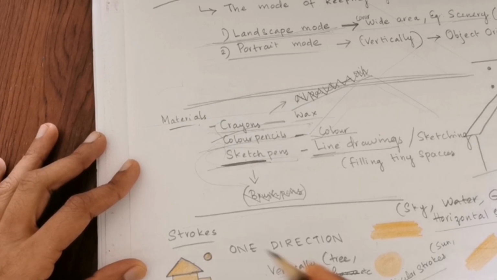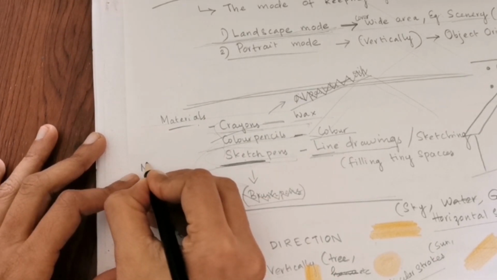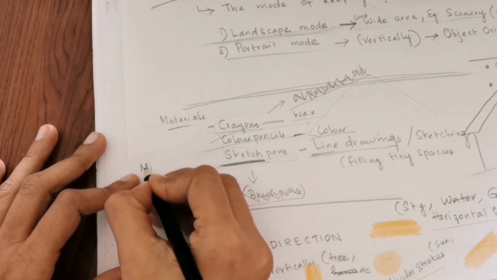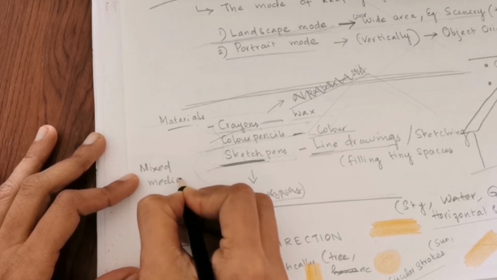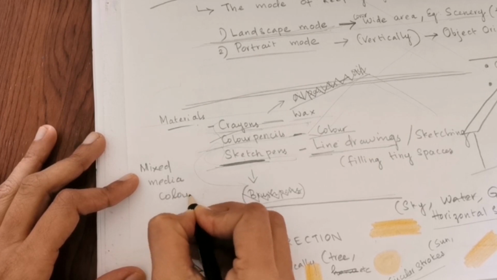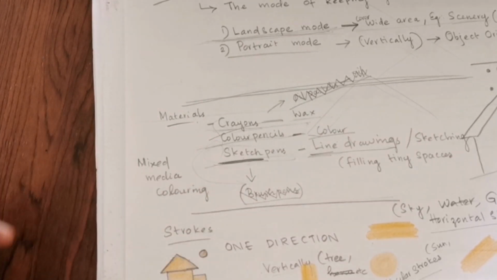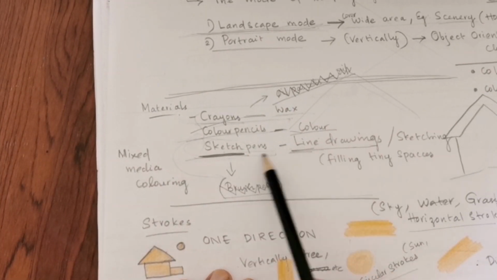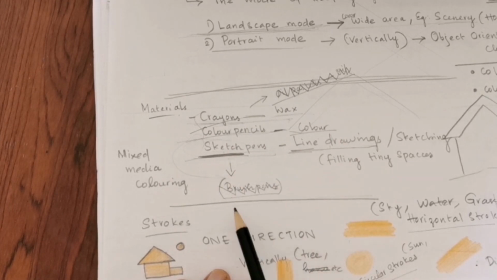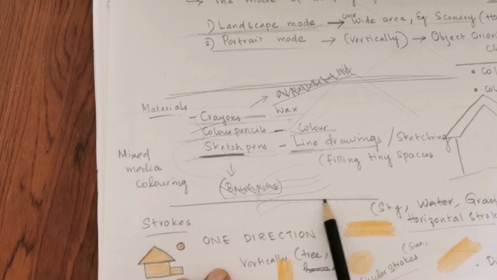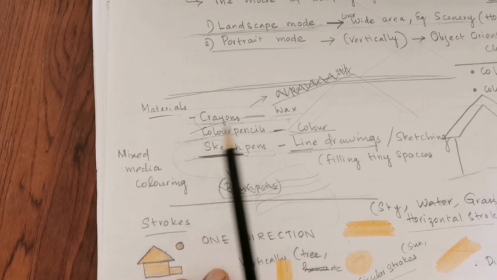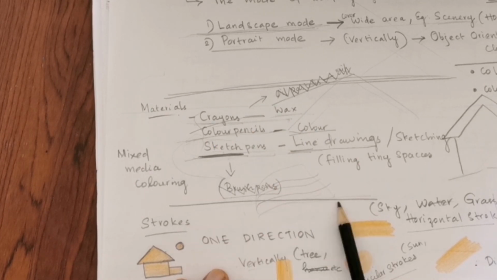Either way, if you are using more than one medium, you should call it mixed media coloring, because two or three mediums are mixed. So when you are using two or more different mediums in a single art, it is called a mixed media drawing. I hope it is clear.